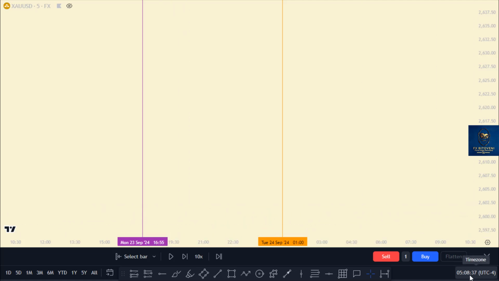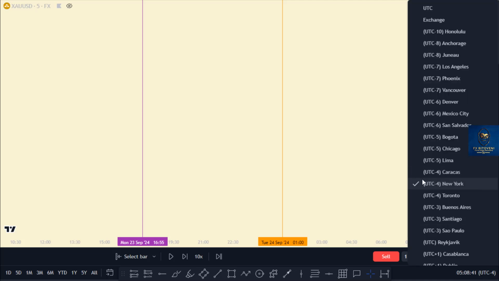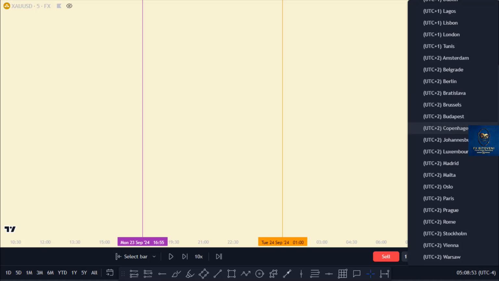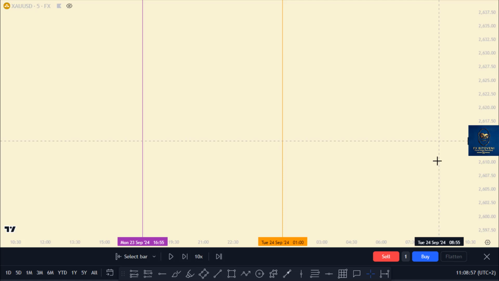You can see on this clock I have UTC -4, New York. So if, for example, you are in Johannesburg, UTC +2, you click here and you will see your session will start on this clock.